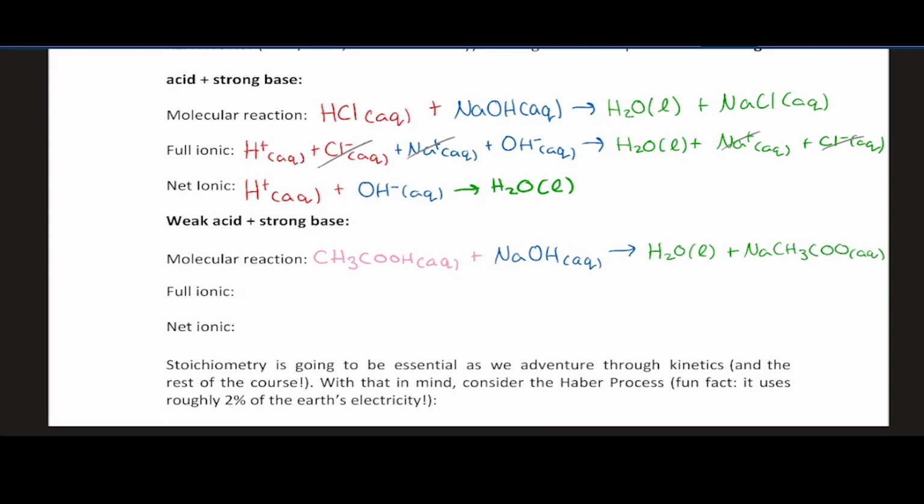And again, we're going to split this up into its full ionic equation. Since acetic acid isn't a strong electrolyte, it's going to stay as is. However, the sodium hydroxide will break into its ions. Sorry, these should say aqueous.